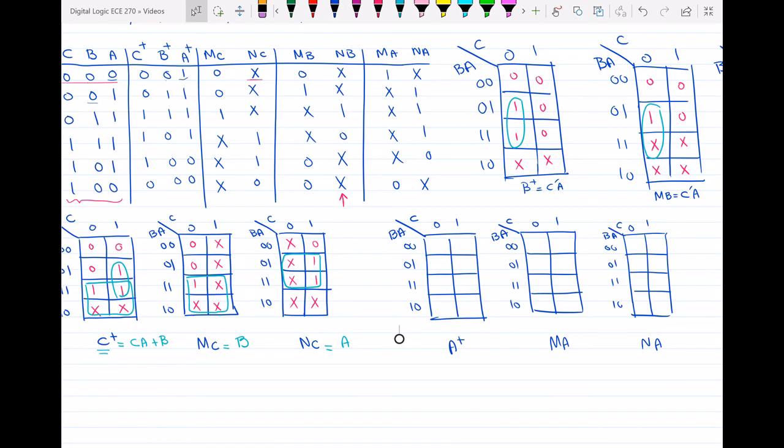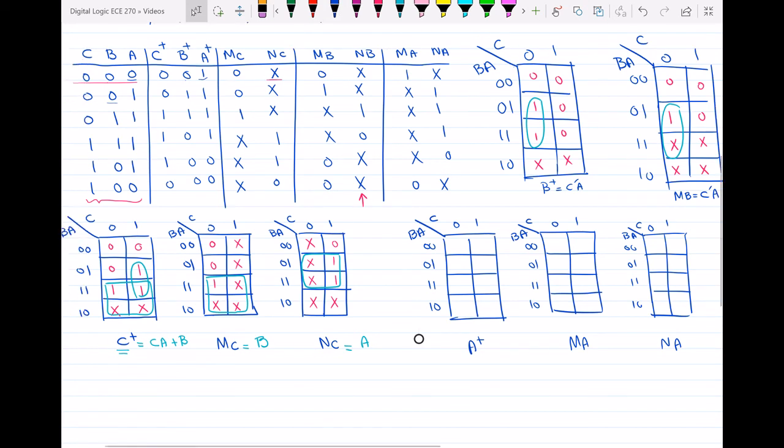Okay, so for A plus, we have to look at which column? We have to look at column A plus. So for 0, 0, 0, we have 1. For 0, 0, 1, we have 1. 0, 1, 1 is 1, 1, and then 1, 0, 1, we have 0. And 1, 0, 0, we have 0. So we're going to have x and x here.